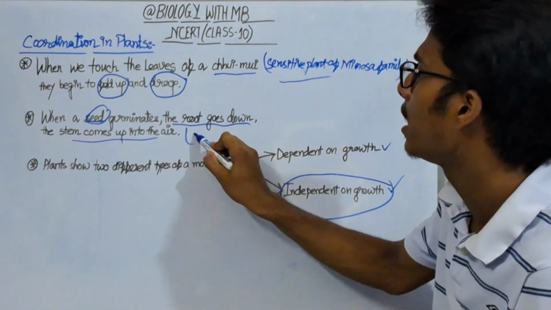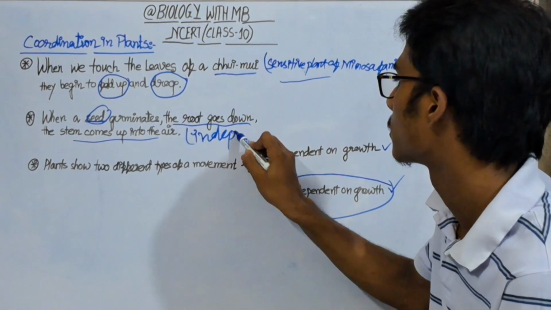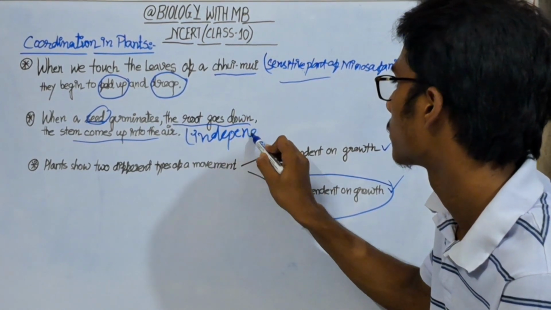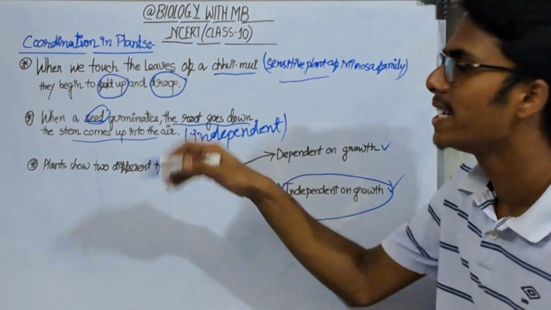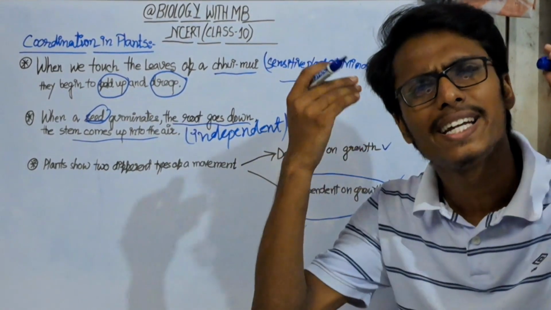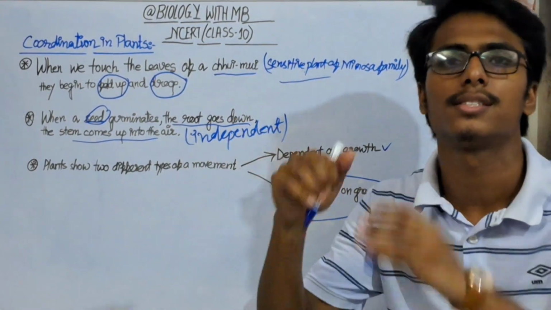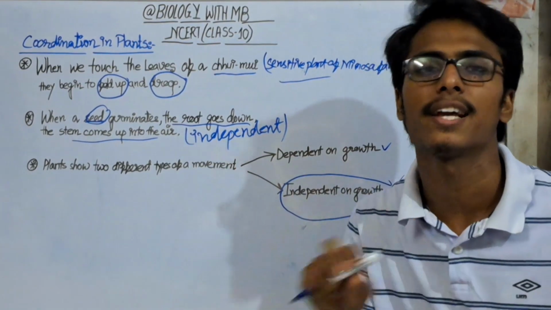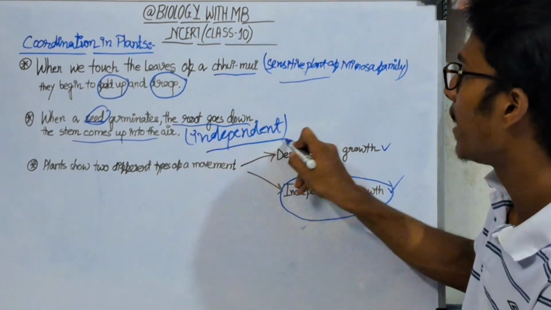Why is it an independent process? Because it happens in every plant. The root goes down and the stem comes up into the air. It is a directional process, so it is independent of growth.